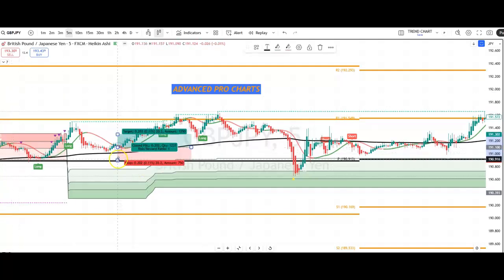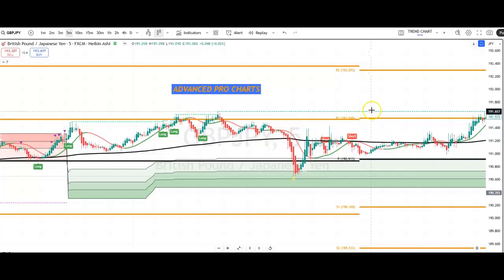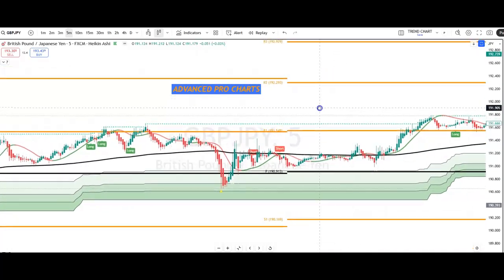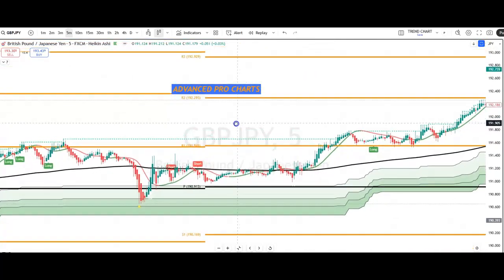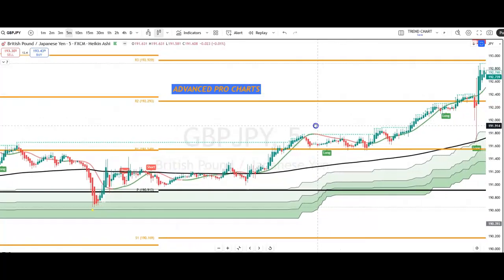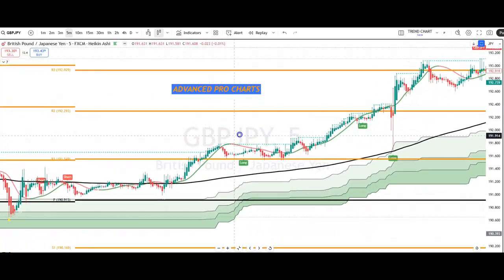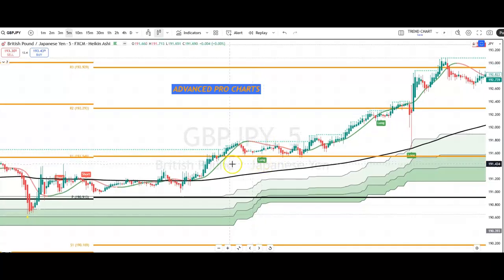So if you get in there, your stop's going to be there, and then you're going to have a target up there somewhere. Okay, so once you get into the price, then the price just continues up. Because it's a 5-minute chart, of course, it's going to be toing and froing, going one way and the other, and then it sort of takes off and hits your targets. So there's a long position here.